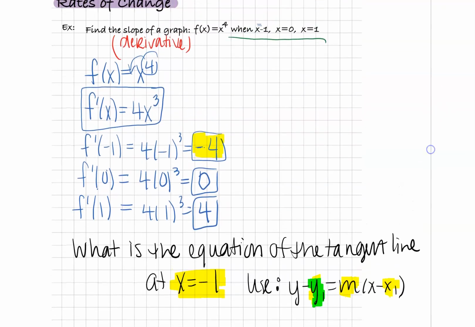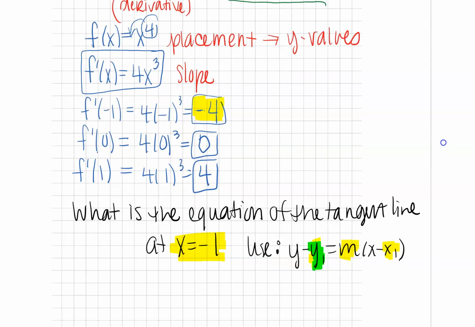Now, when you're looking back at this problem, the derivative is going to give you the slope. The function itself is going to be where you find its placement, or you're going to be using that to find any missing y values, because that's going to tell you the placement of it, but plugging into the derivative is telling you the slope.